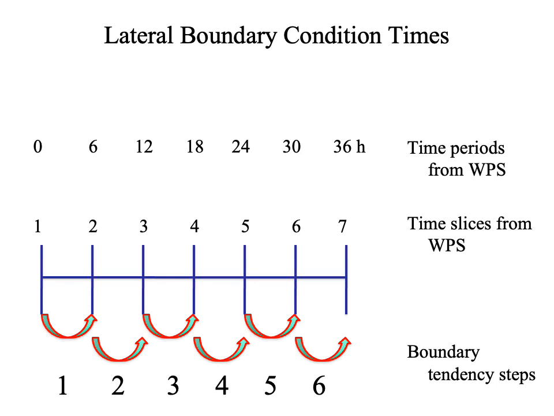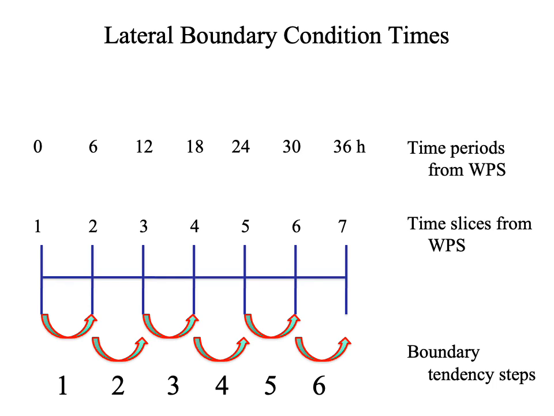We know the value at time 0, hour 0, time slice number 1, and then we know the value at hour 6, time slice number 2. The difference of those two allows us to compute a tendency that is valid between hour 0 and hour 6.